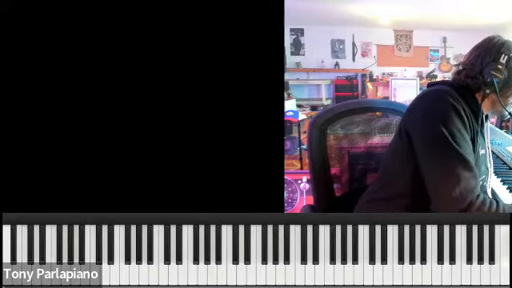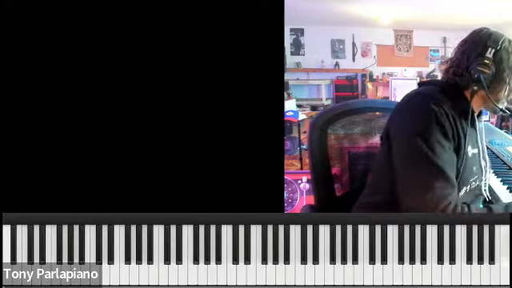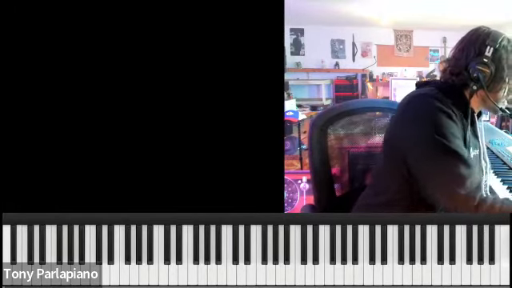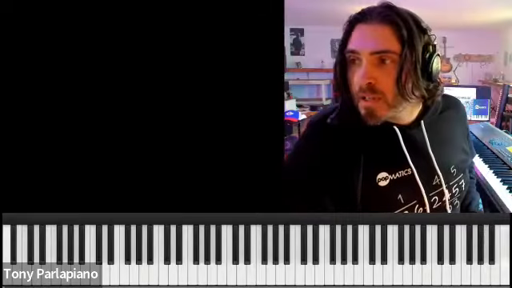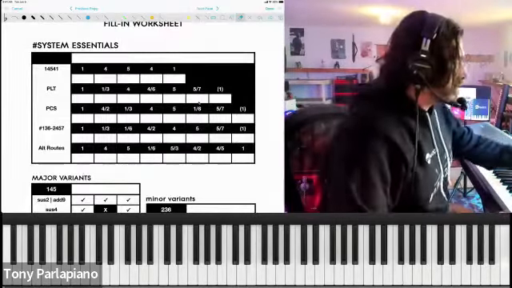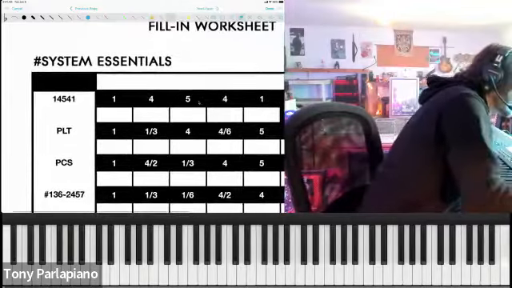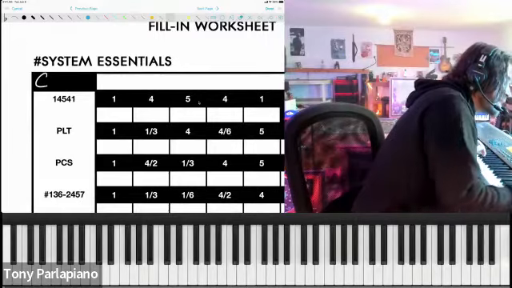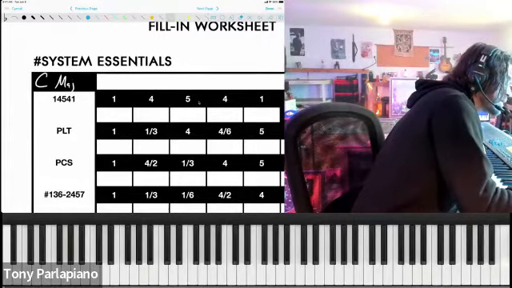Let's see if I have it, here it is. Here would be a good example. This is for the number system essentials. The number system is going to work for any key. So I'll start by just putting in the key that we would use.